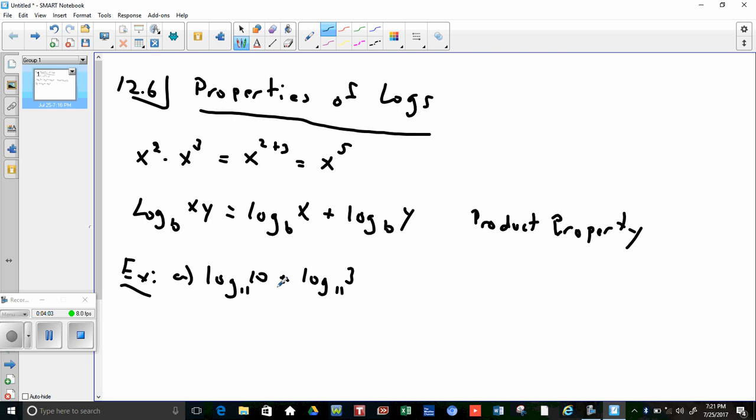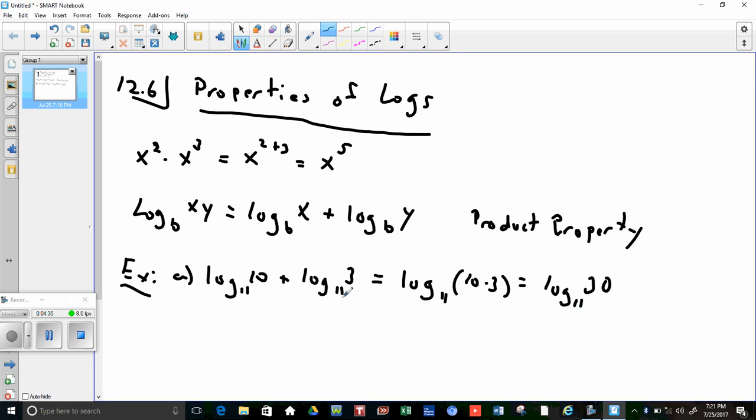I am adding the logs together, so I'm going to take the two arguments, x and y, and multiply them together in one log with the same base. So this becomes the log base 11 of 10 times 3. Of course that can simplify, so this is the log of 30 base 11.